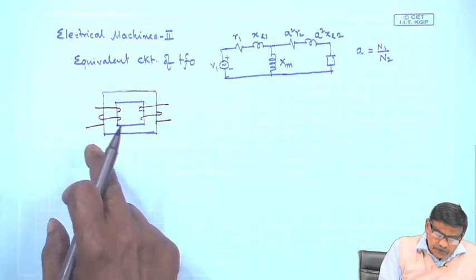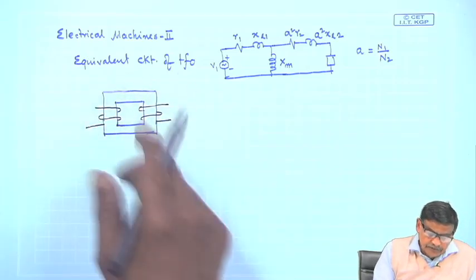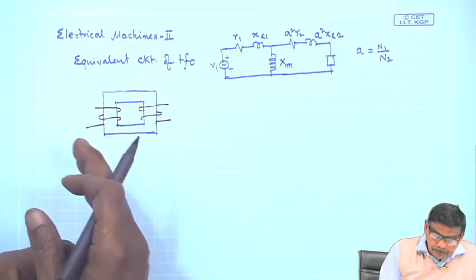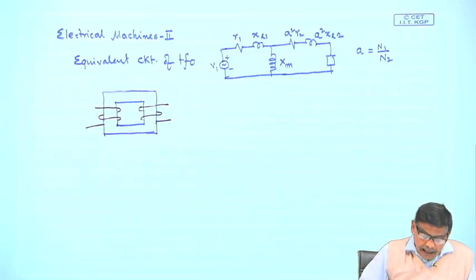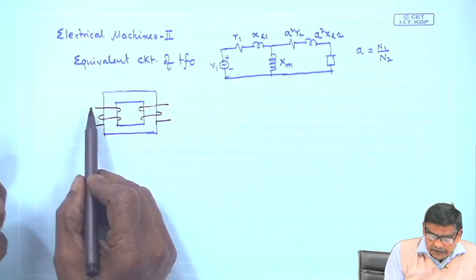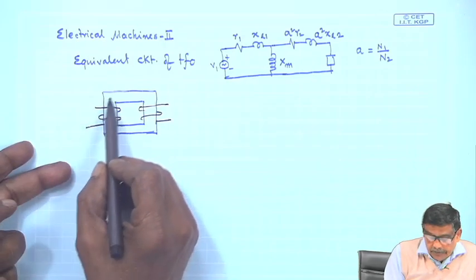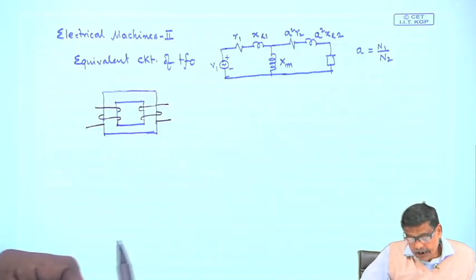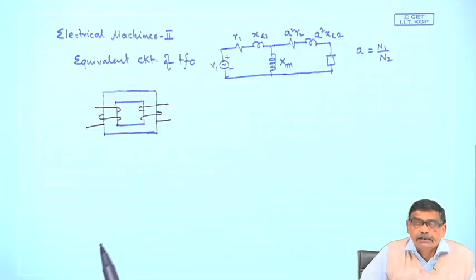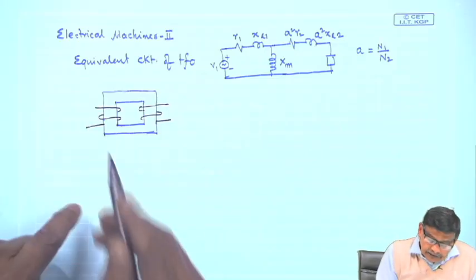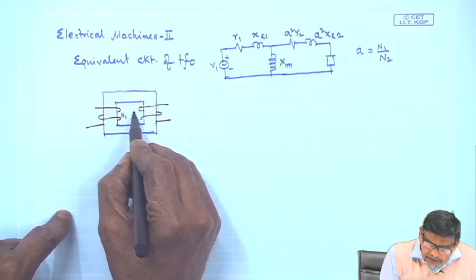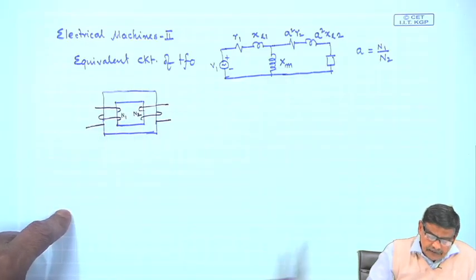And if you look at this configuration, you will immediately notice that these two coils have mutual coupling between them, because if one coil passes current, flux will be created, it is going to link the other and thereby inducing a voltage in the other coil. The number of turns of the primary is N1 and that of the secondary is N2. It is like this.